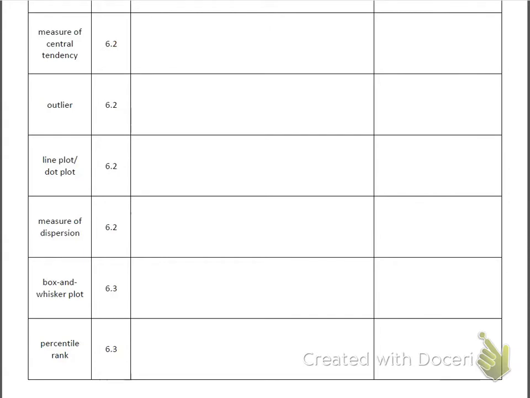So the first one that we need to define is a measure of central tendency. A measure of central tendency is a way to summarize a set of data.